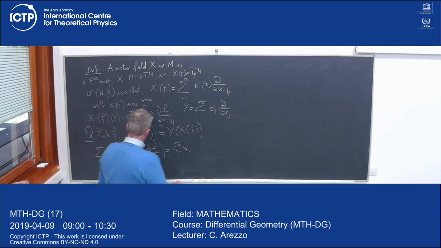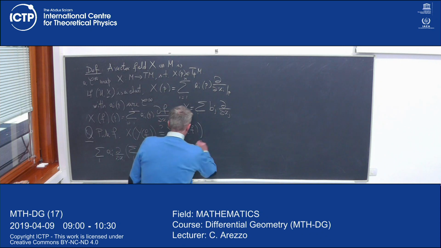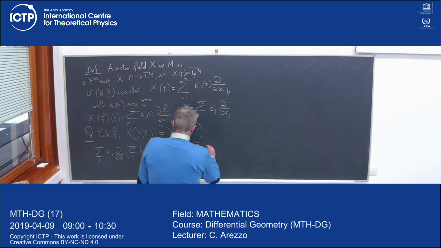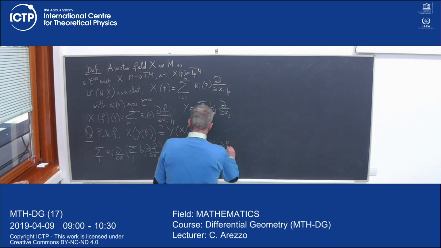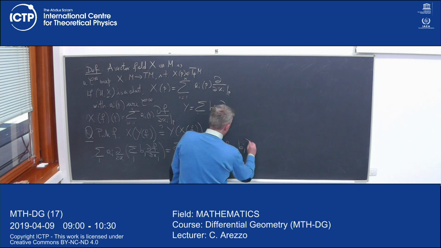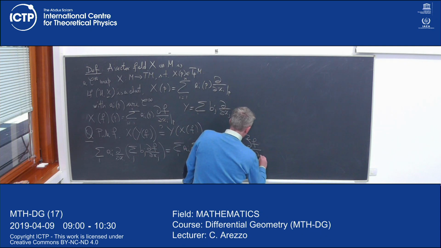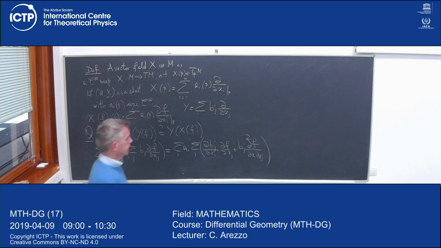This gives me the sum over i, sum over j of dbj/dxi df/dxj plus bj second derivative of f, d²f/dxi dxj. So far, so good.